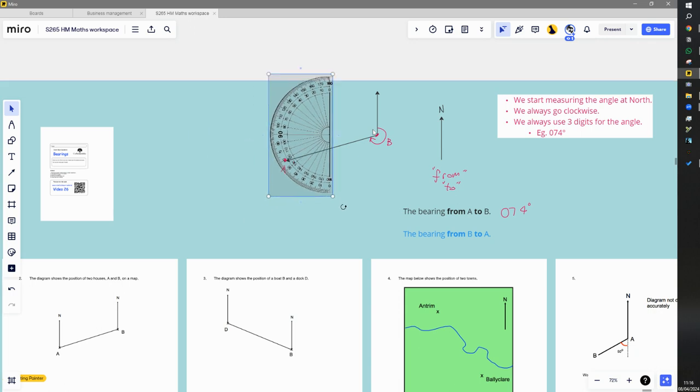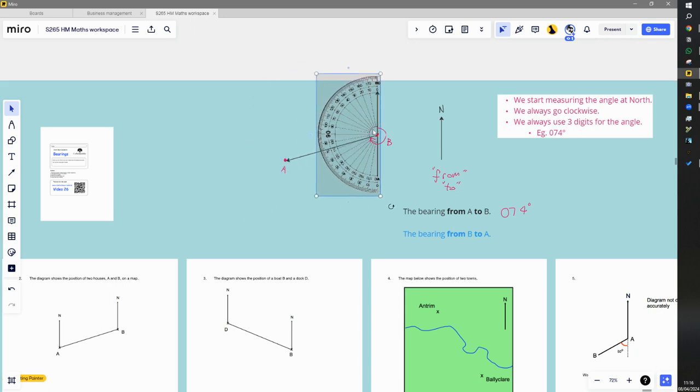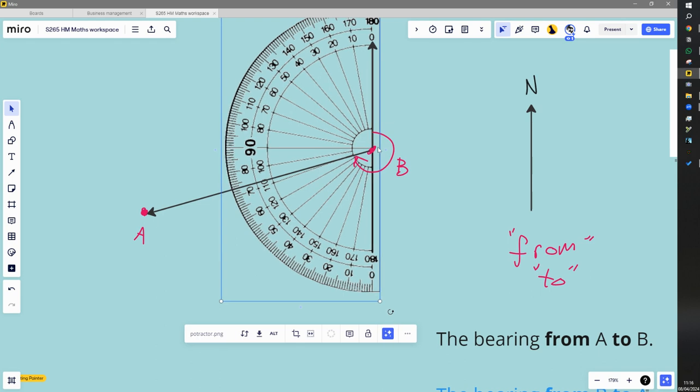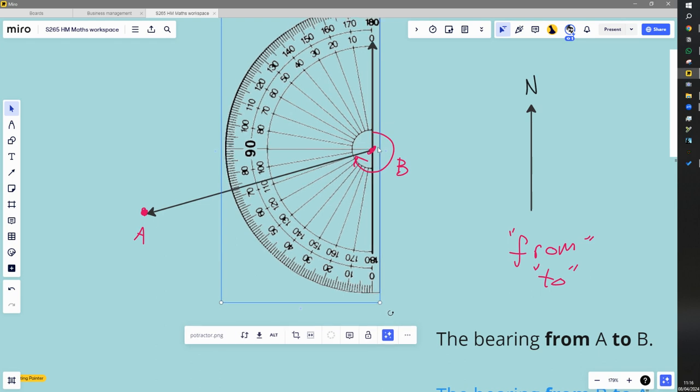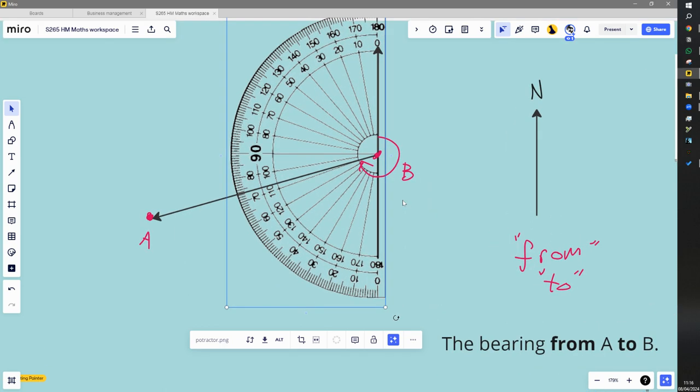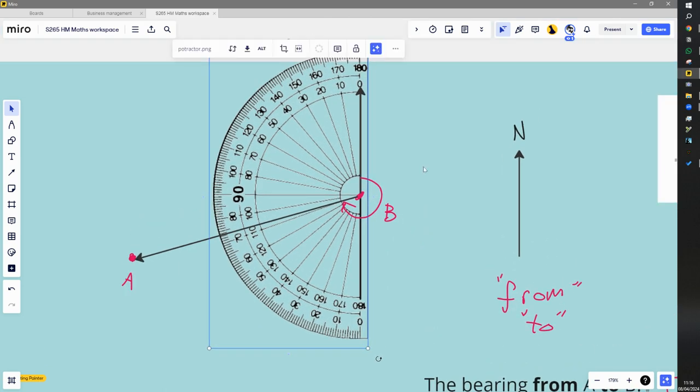So flip it around, place it there, and let's just line it up properly. That looks good. Yeah, there we go. So now which numbers do we use this time? Well, remember we start at the top, so we don't want to use the outer one this time, we want to use the inner, because we can see that's where 0 is.